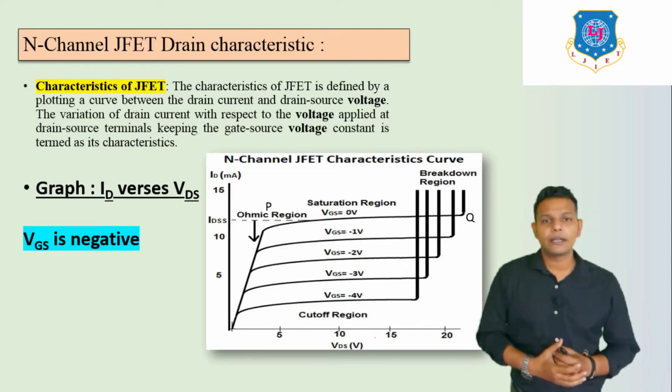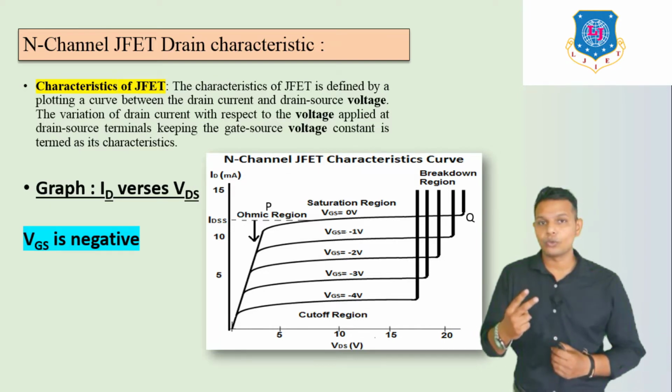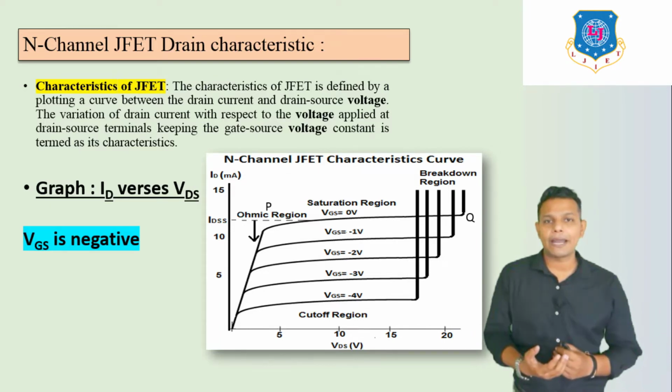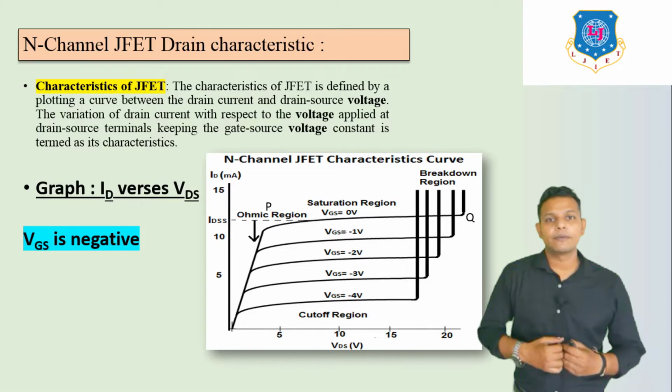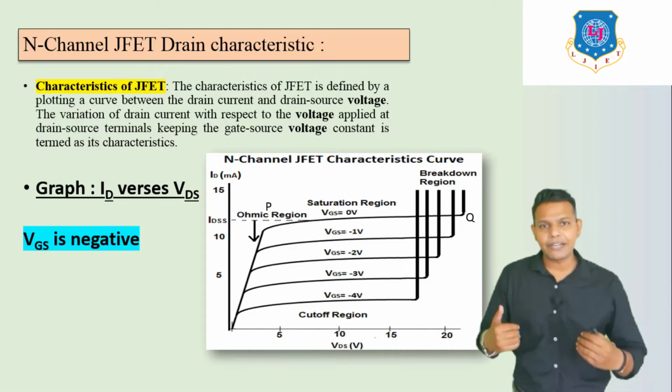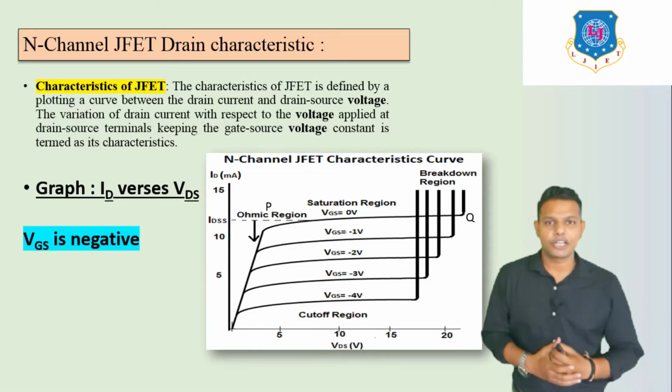Then in case number 2, if we apply VGS negative, or a small VGS, the depletion region is penetrated slightly in the N channel.